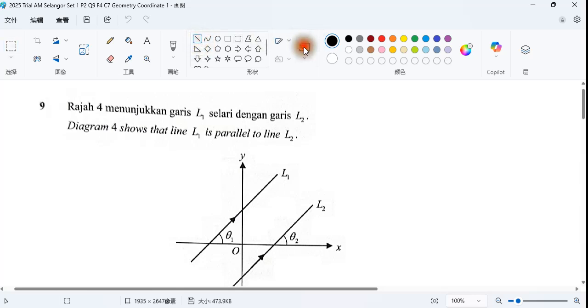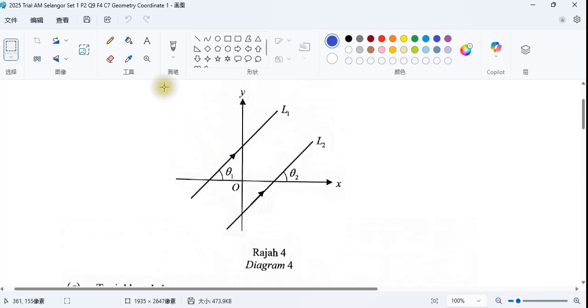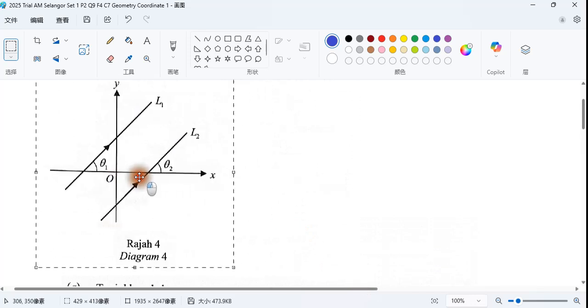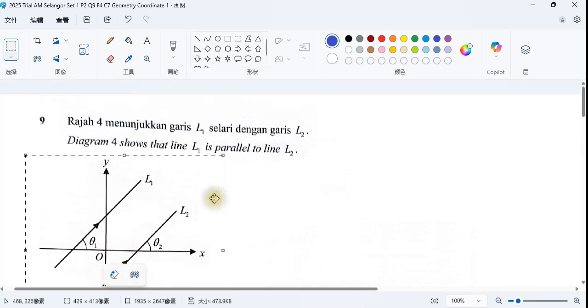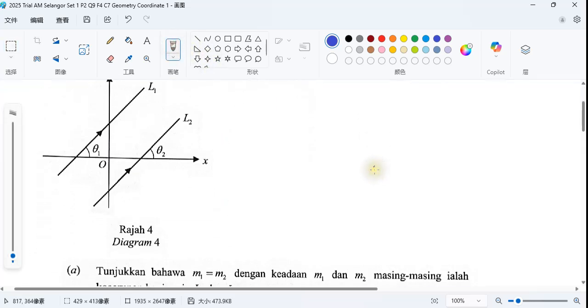Diagram 4 shows the line L1 is parallel to L2. Show that M1 equals M2, such that M1 and M2 are the gradients of L1 and L2 respectively. The question is not good enough. Since the lines are parallel already, we know M1 equals M2.